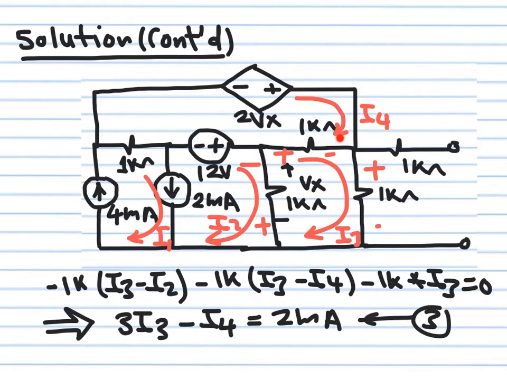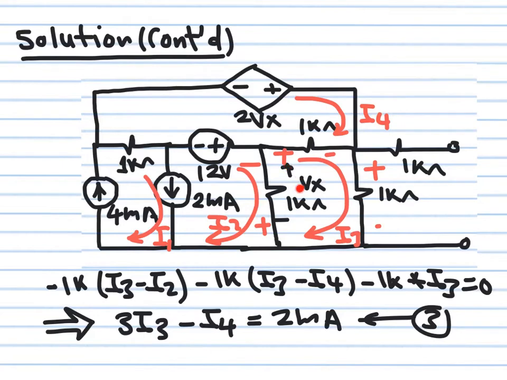So this will be minus 1k (I4 minus I3). This is minus 12. This is minus 1k (I4 minus I1) plus 2Vx is equal to 0. Remember, Vx is a controlling parameter. We have to get rid of Vx. We have to write it in terms of the unknowns we are solving for. This is Vx here.